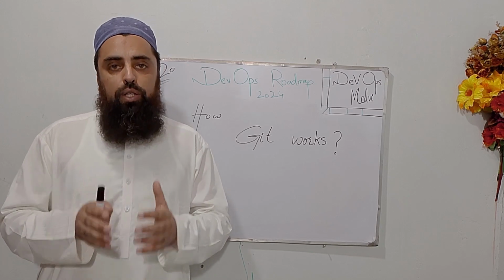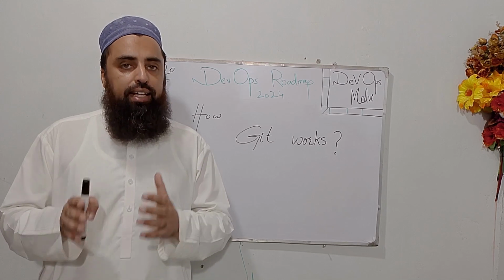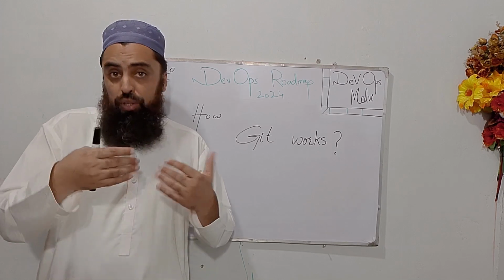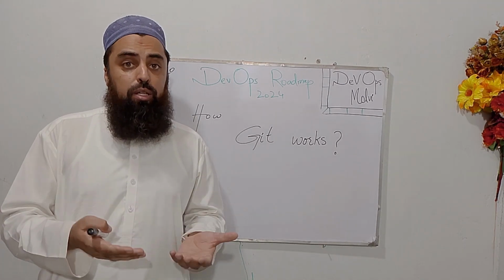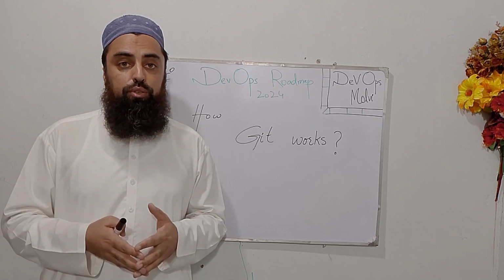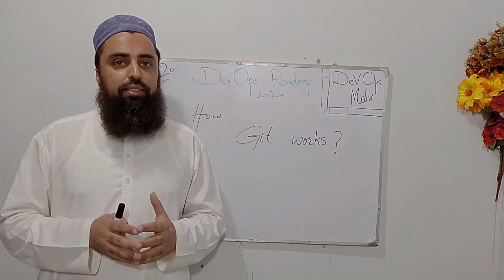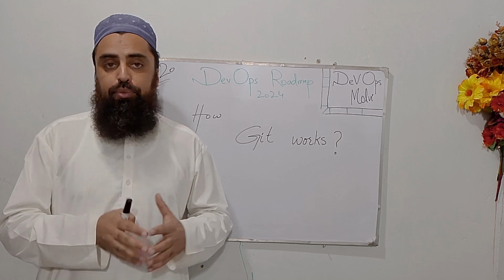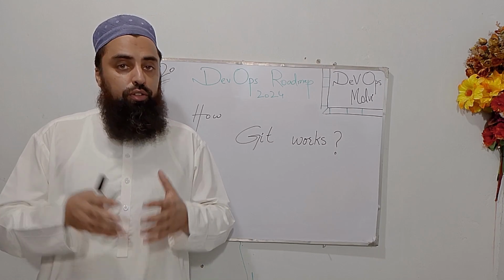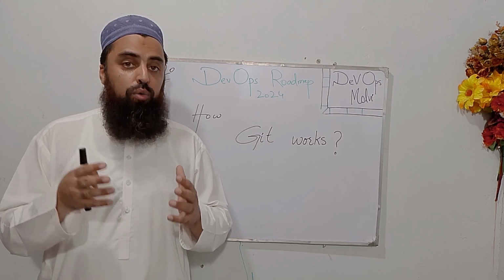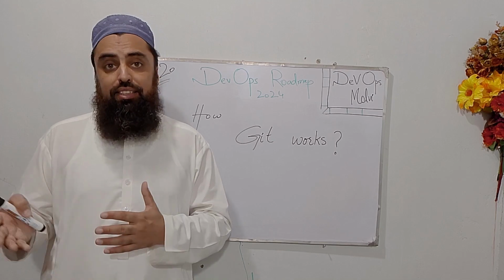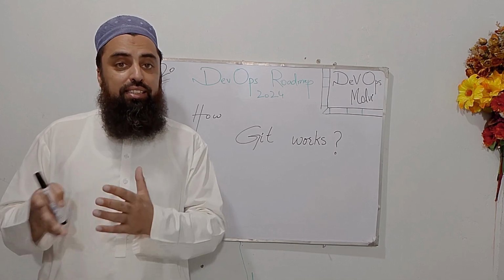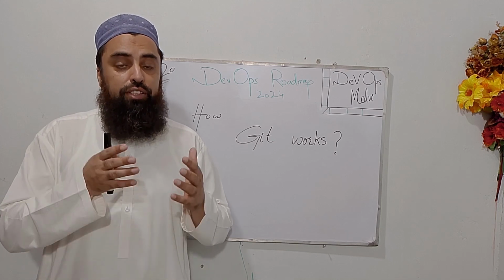We will also create a personal access token so that we know how we can commit changes to our repository. I would highly recommend that you watch this lab session to clear your concepts about Git and how Git works behind the scenes.